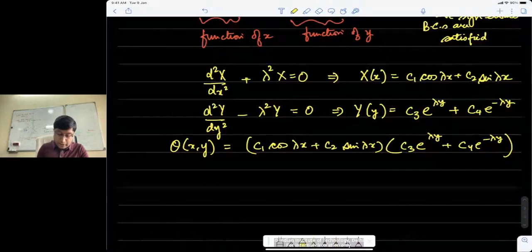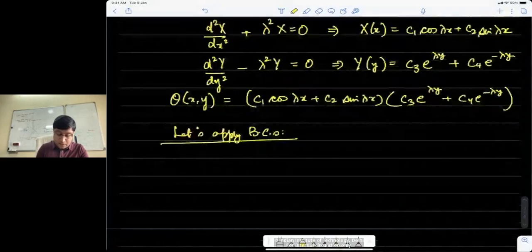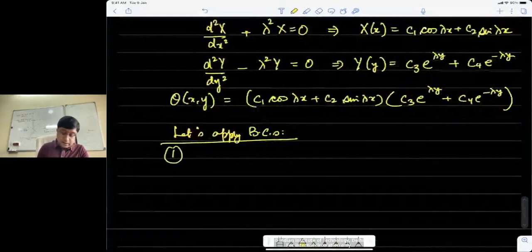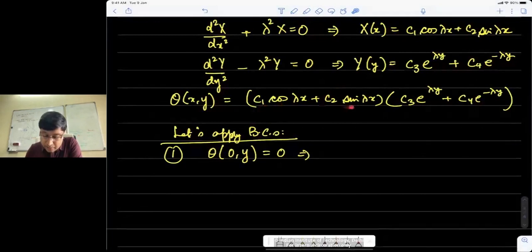So let's apply boundary conditions to this problem. The first boundary condition is that theta at x equal to 0, for all y, which is the first vertical face, was 0. Now if I put x equal to 0, you can see that from the solution the sine term will vanish, because x equal to 0 will give me sine 0 equal to 0.